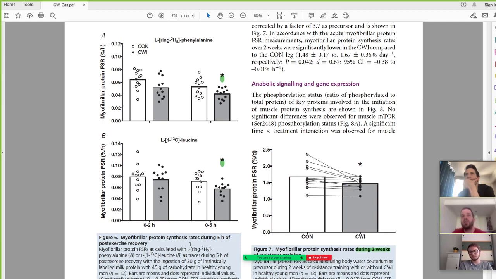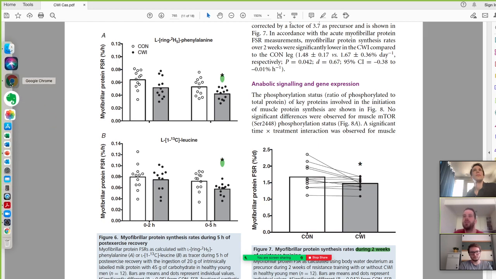But purely physiological, I don't see any reason why contrast water baths would have any beneficial effect necessarily on muscle protein synthesis. And that's maybe also a nice step towards another study that we did looking at hot water immersion, so really increasing the temperature in the muscle, and seeing if that has a positive effect on muscle protein synthesis.